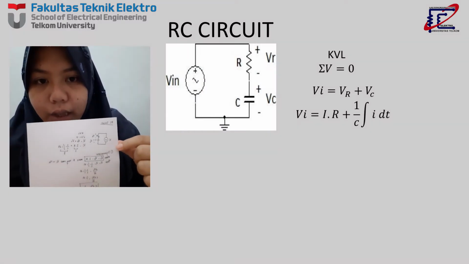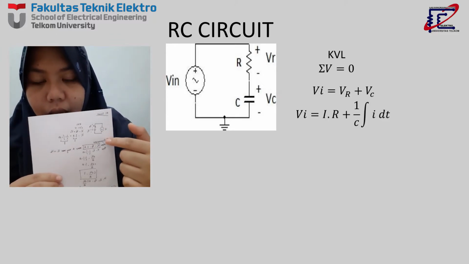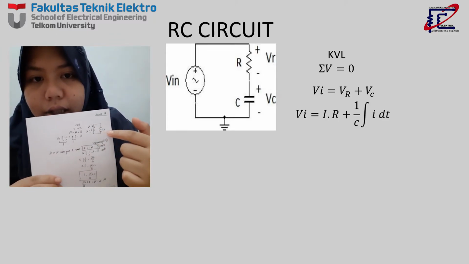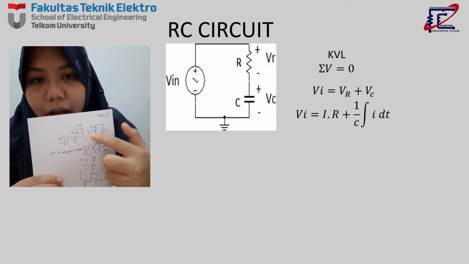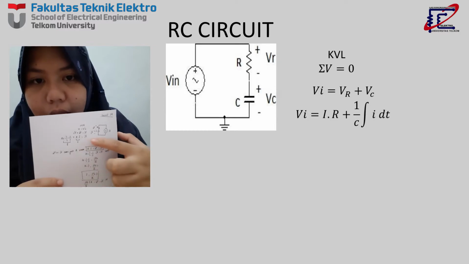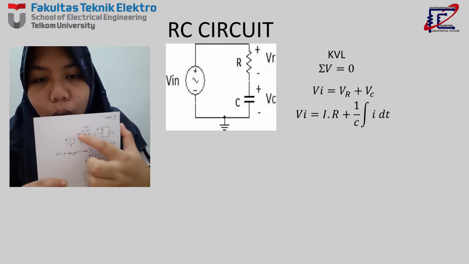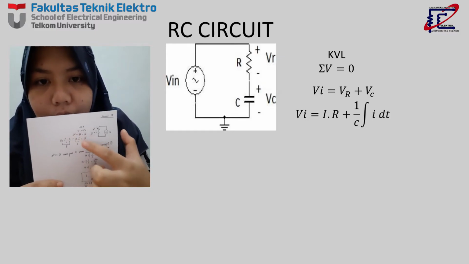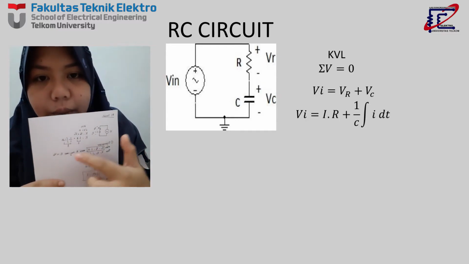Next, RC circuit. This circuit has components R and C, and using KVL, sigma V equals 0, VE equals VR plus VC, and then VE equals I times R plus 1/C integral I dt.